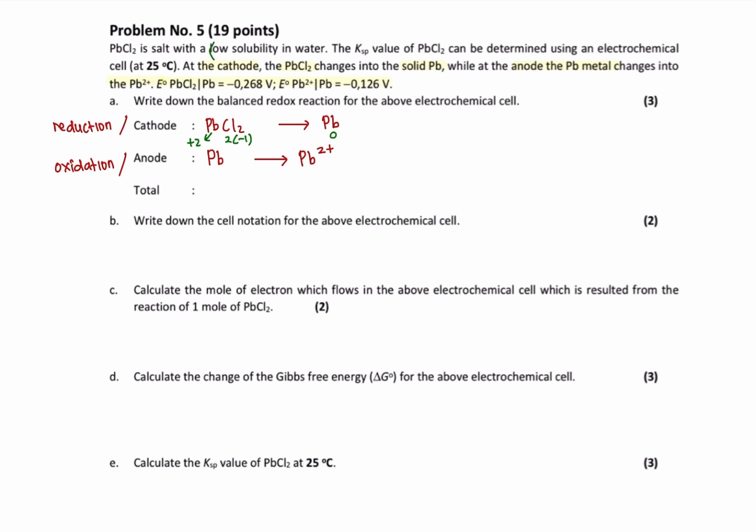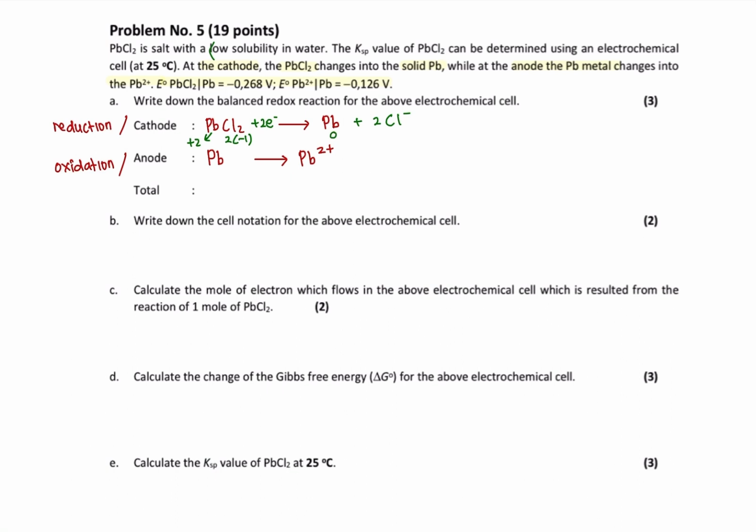So in that case, the Cl should stay the same, as in minus 1 stays the same as minus 1. So I'm going to add here Cl minus, but we have 2, so 2 Cl minus. So the oxidation number stays the same, minus 1, minus 1. But then, of course, we need to balance the charge. So I'm going to add 2 electrons on the left over here.